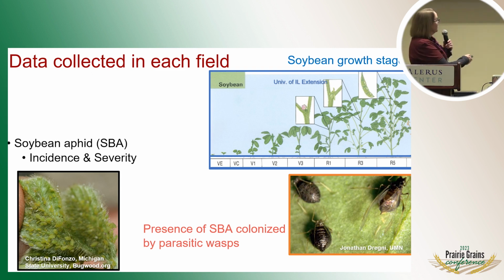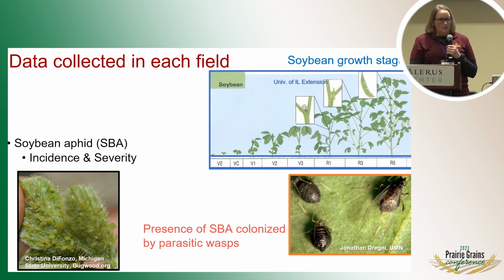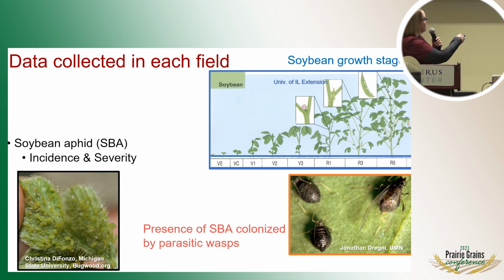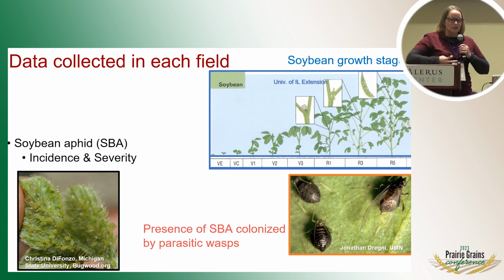In addition to looking at soybean aphid incidence and severity, we also looked for evidence of parasitism. Soybean aphid has several natural enemies that can help to provide a bit of control. So these individuals here have been parasitized: a parasitic wasp has laid an egg within them, and that egg has hatched, and the growing insect inside is eating and swelling the aphid tissue.